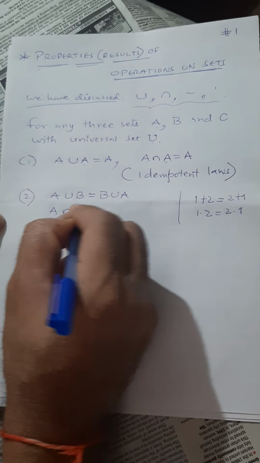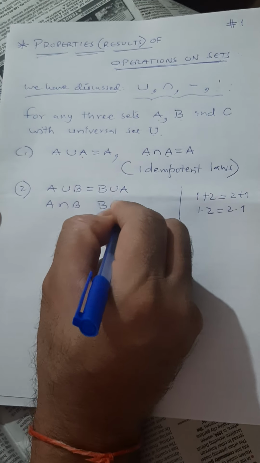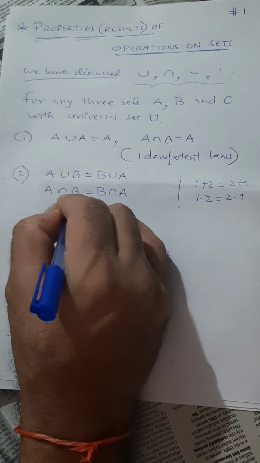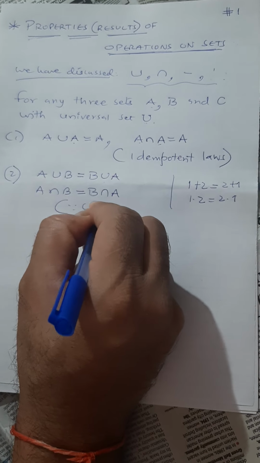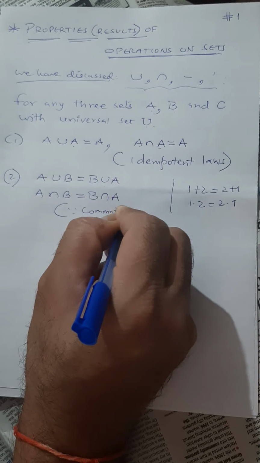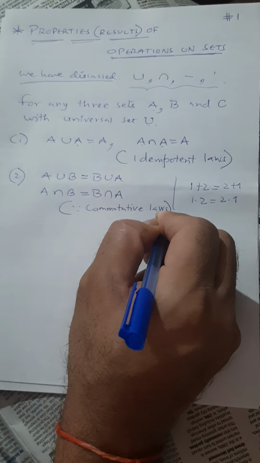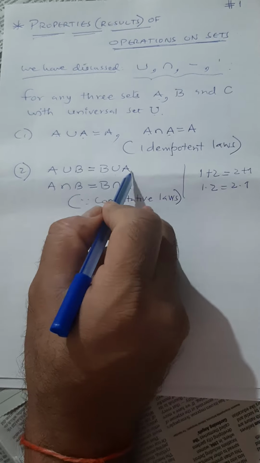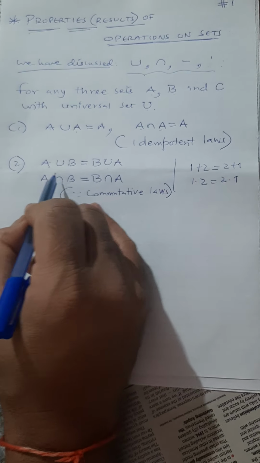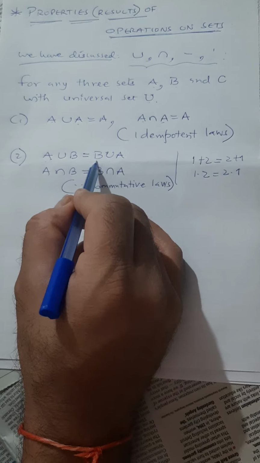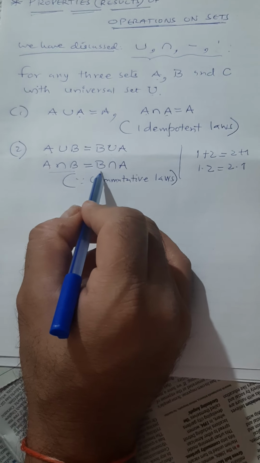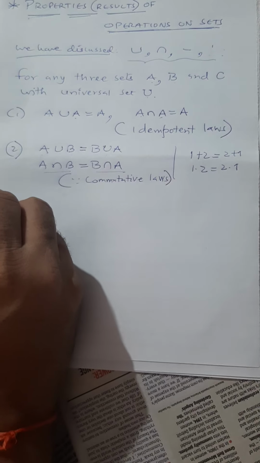A intersection B and B intersection A are always equal. So this is called the commutative property, or commutative laws. That means order is not important for union and intersection.